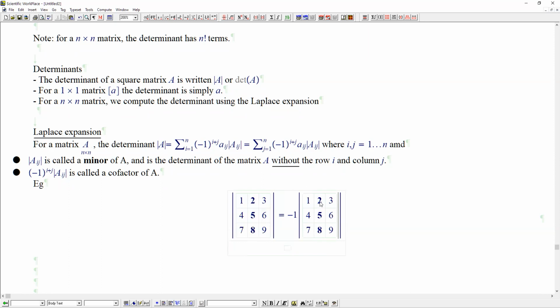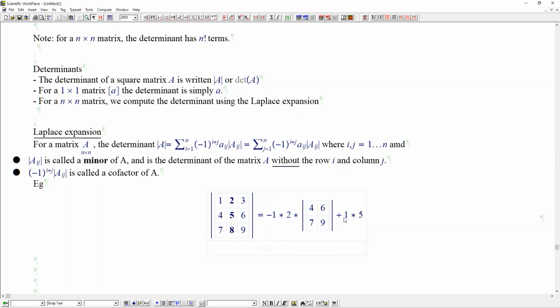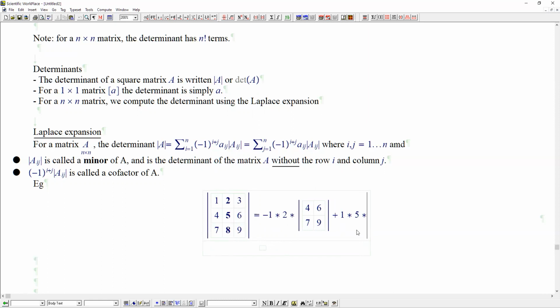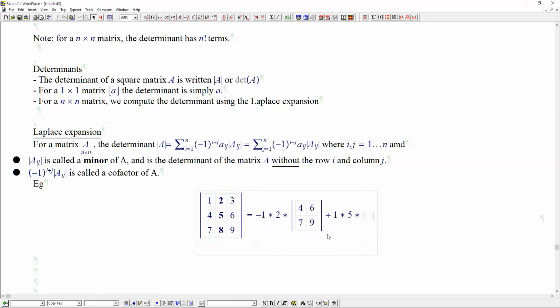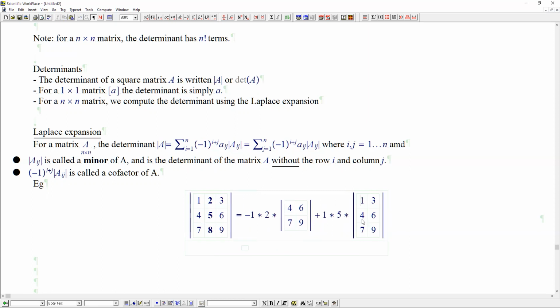So I delete, it's 2, so I delete the first row and the middle column. -1 times 2 times this, +1 times 5 times the determinant of, now it's 5, so I just delete the center column and the center row.